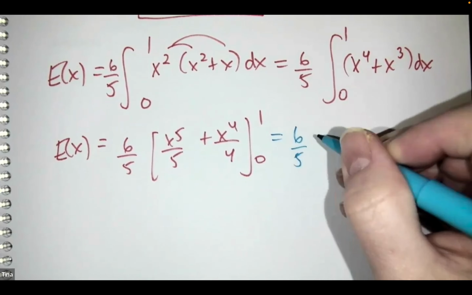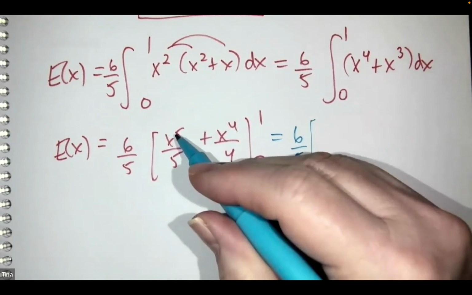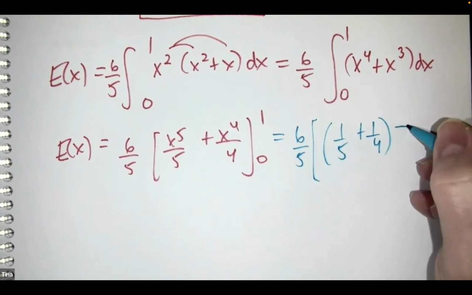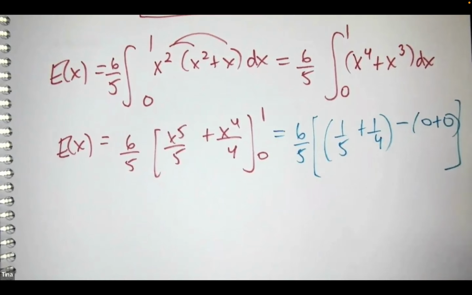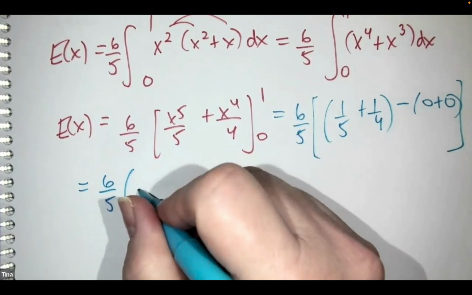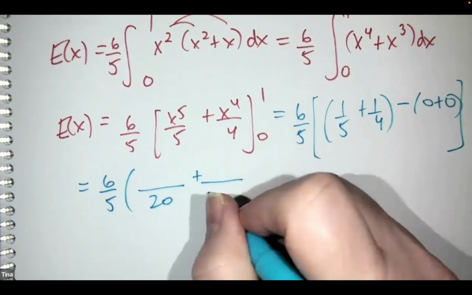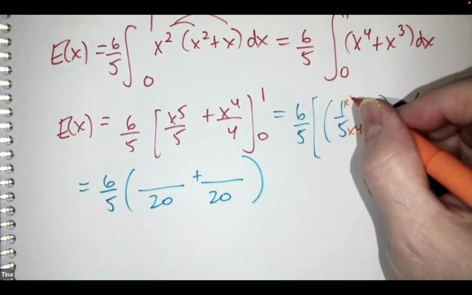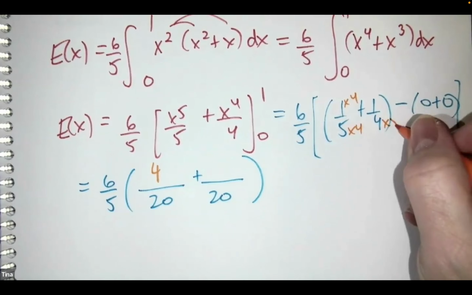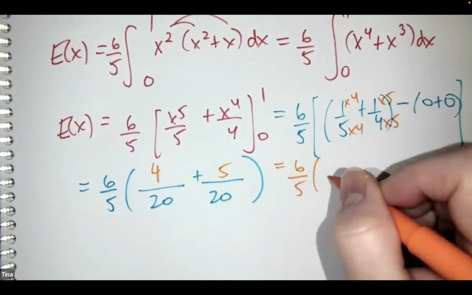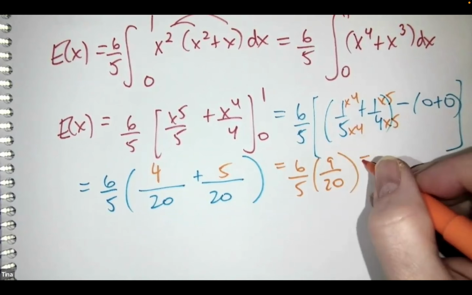So this would be 6 over 5. This would be what? 1/5 plus 1/4 minus 0 plus 0, doesn't really matter. So common denominator of 20. So this one times by 4, 4 over 20. This fraction times by 5. So that's 6 over 5 times 9 over 20.